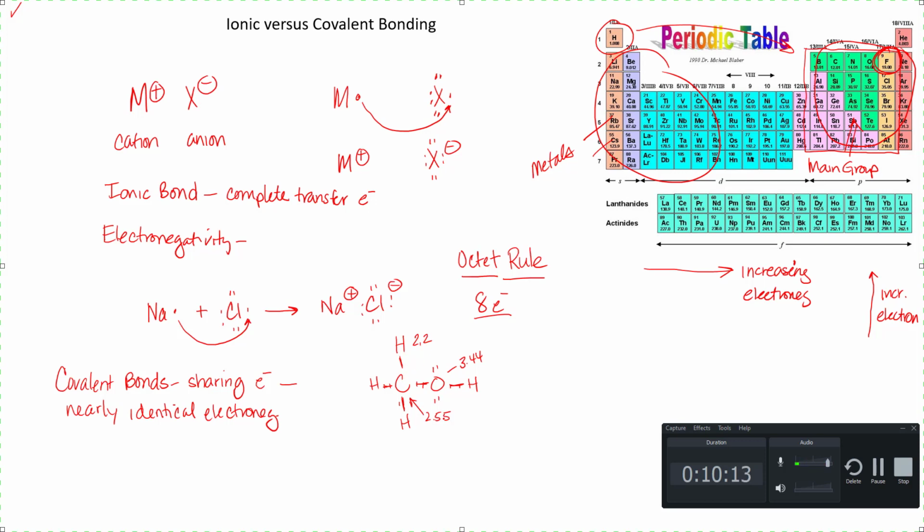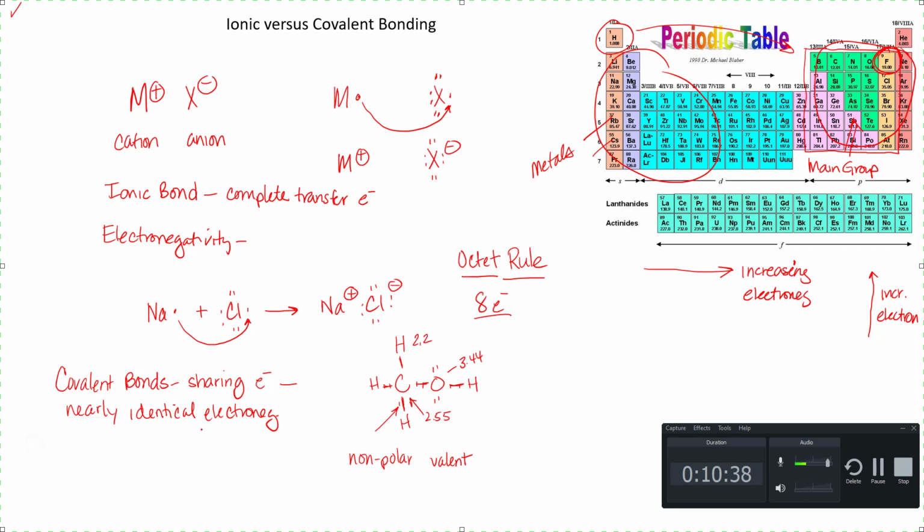And so the electronegativity difference between a carbon and a hydrogen is slight. We would call the carbon-hydrogen bond a non-polar covalent bond. And what I mean by that is it's a nonpolar covalent bond simply because it is near perfect sharing.